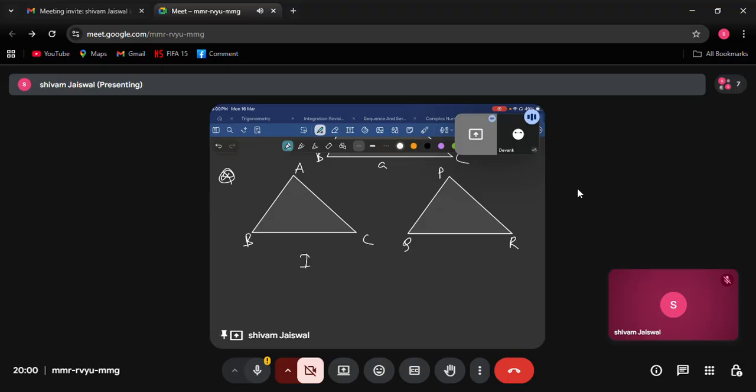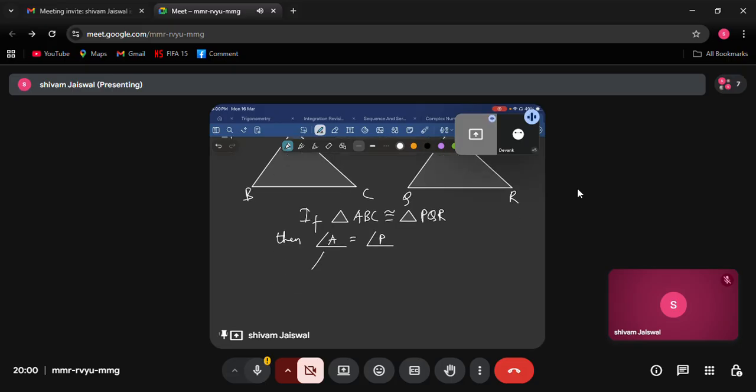So if triangle ABC is congruent to triangle PQR, then angle A will be equal to angle P, angle B equal to angle Q, and angle C is equal to angle R.